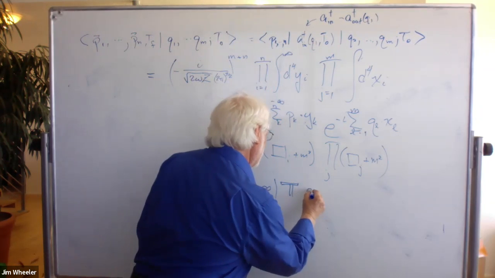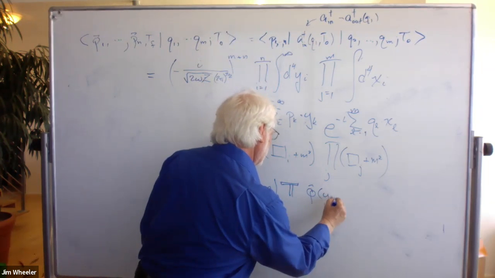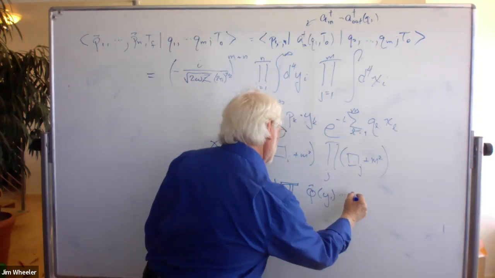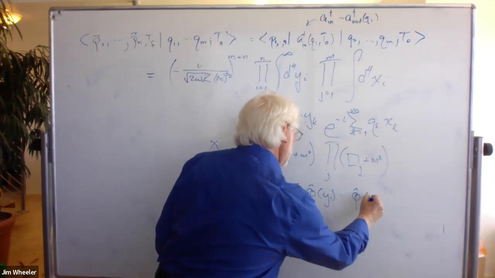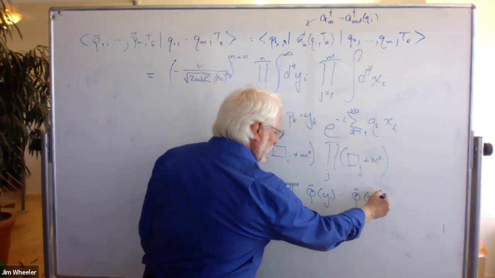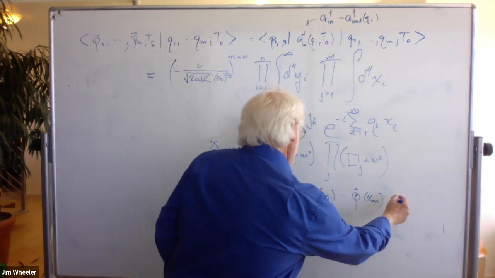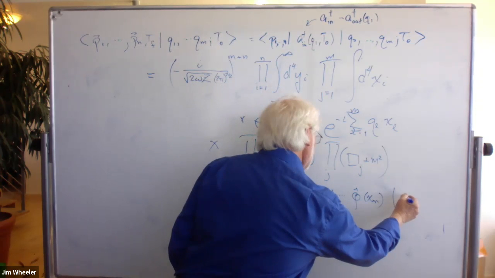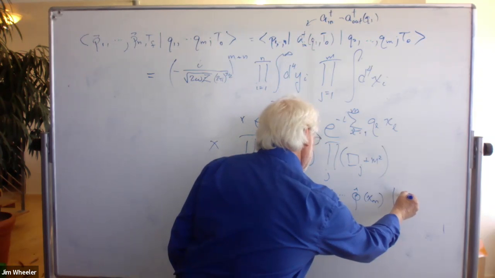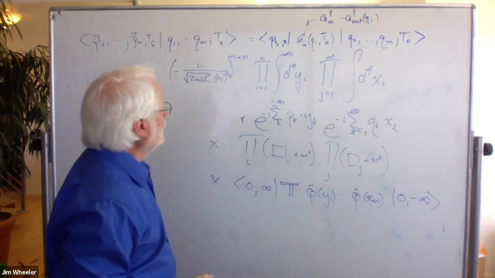So we have phi of y1 through phi of xm, a product of n plus m fields here, and again the vacuum state at early times like this.